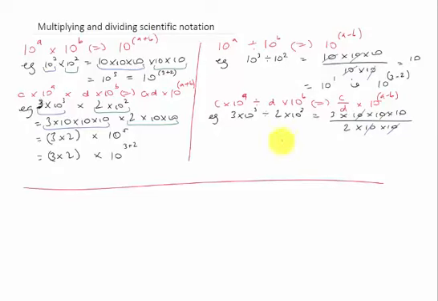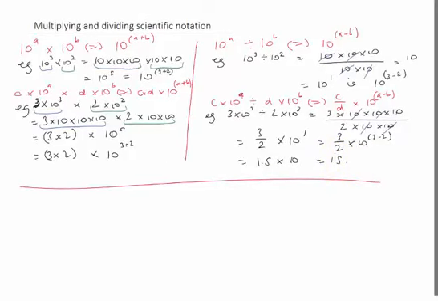So that gives us 3 over 2 times 10 to the power 1, which is 3 over 2 times 10 to the power 3 minus 2. And in fact, that's equal to 1.5 times 10, or 15 if we wanted to work it out fully.